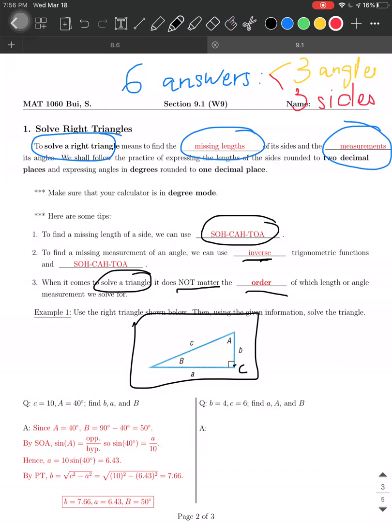For example, if I throw at you this hard problem, given that c equals 10, A equals 40, you have to find a, b, and big B, okay? So you might ask me, well, a triangle has 6 answers, right? We have only 1, 2, 3, 4, 5 in here. So where's the 6th one?